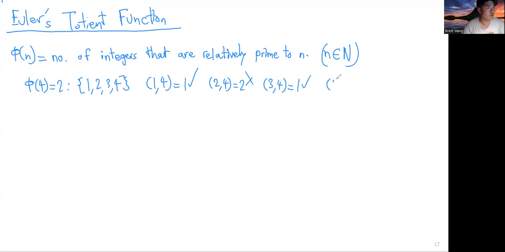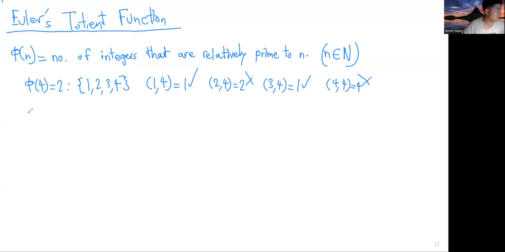And 4 and 4, it's equal to 4, so it's not relatively prime. From 1 to 4, there are only two integers that are relatively prime. So yeah, we could do another one too.